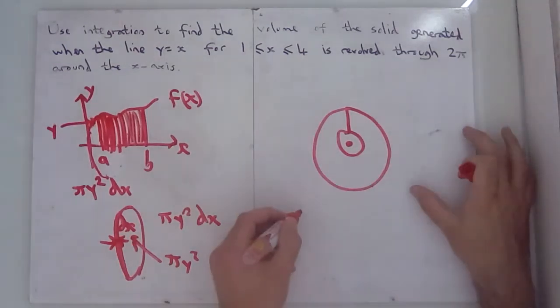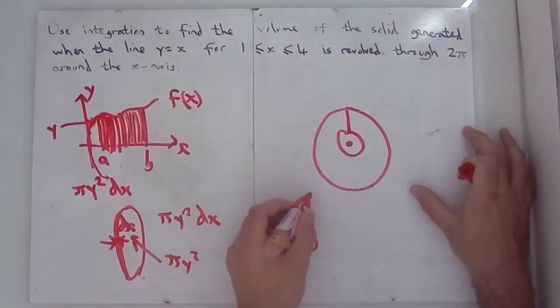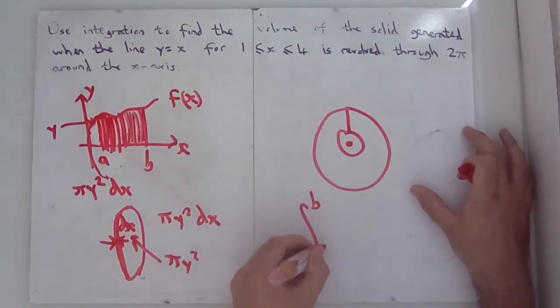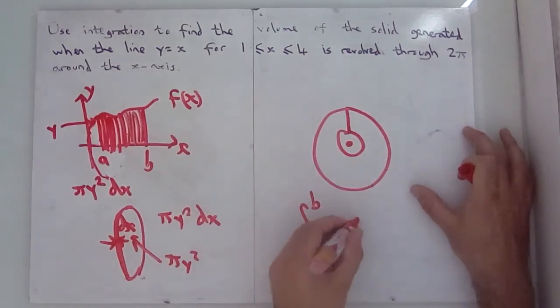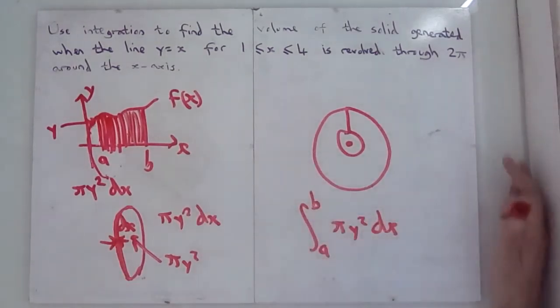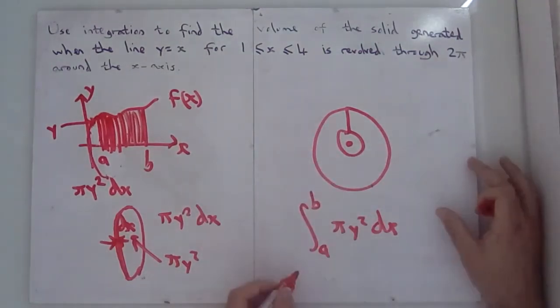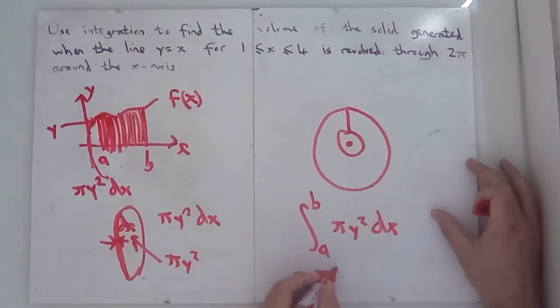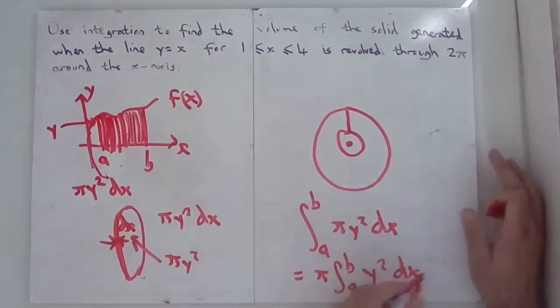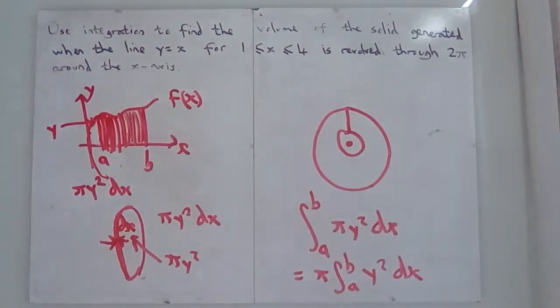So it's the integral between a and b of pi y squared dx. Because they've all got a pi in, you can say that's the same as pi times the integral from a to b of y squared with respect to x, with y written in terms of x, because it allows for the fact that y changes.